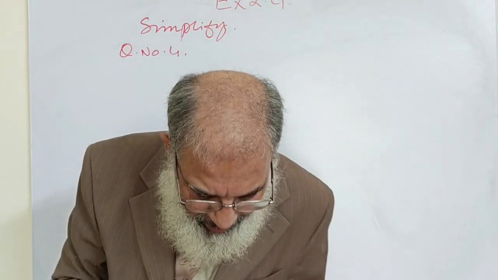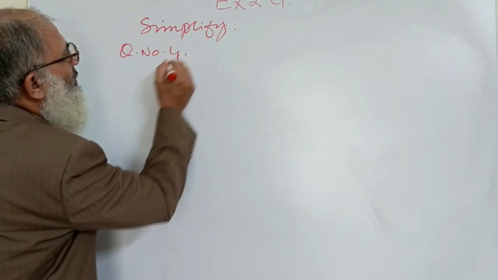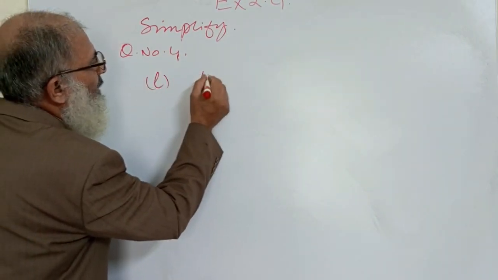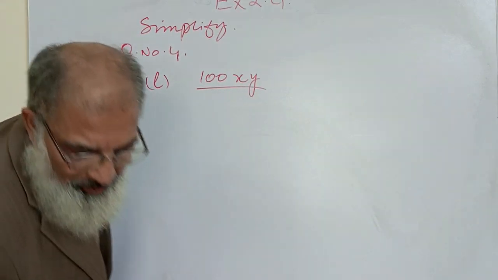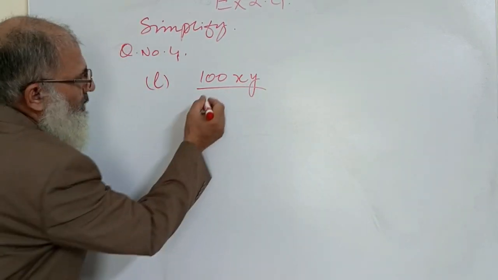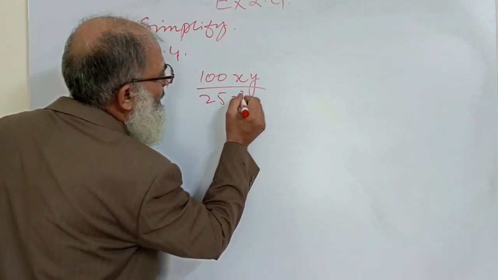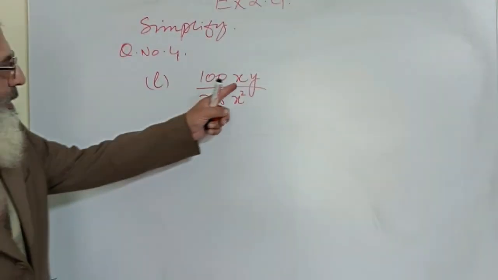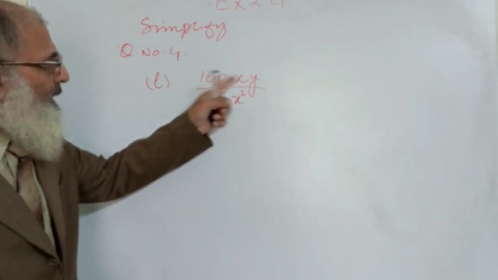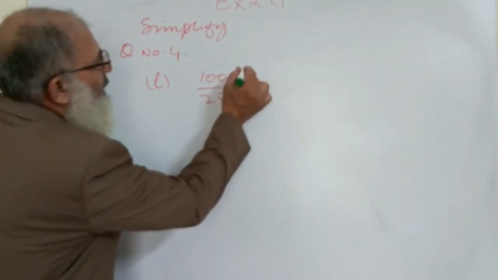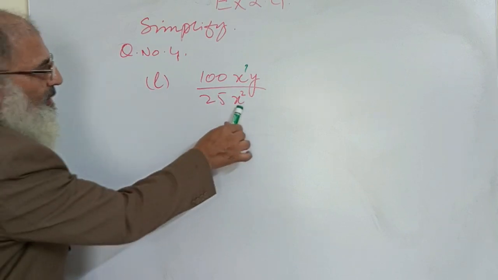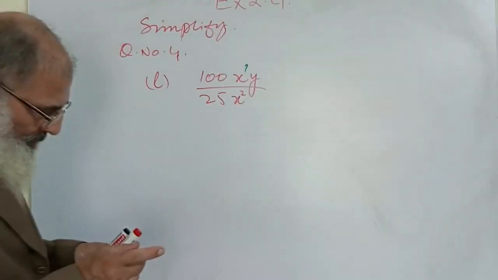One last part from this is L: 100xy divided by 25x square. Now you see that here we have x with power 1 and x with power 2.